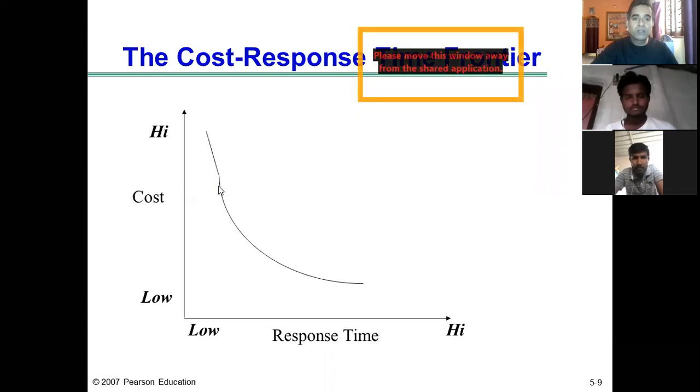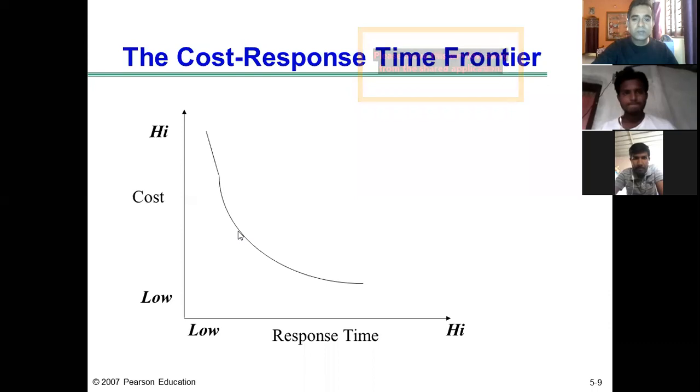It is so because the company needs to have multiple warehouses or facilities near to the markets in order to quickly deliver the goods to customers. So the increase in number of facilities increases the overall supply chain cost. And we can also see, as the response time goes on increasing, means the delivery time goes on increasing, the related cost also comes down.